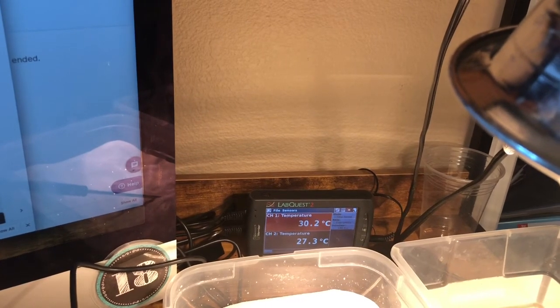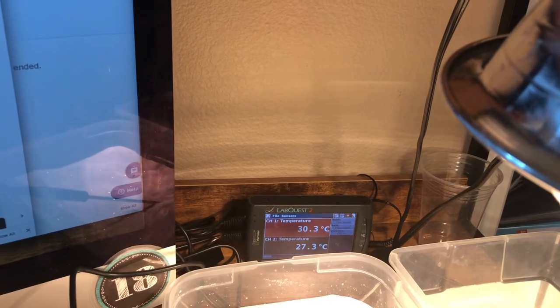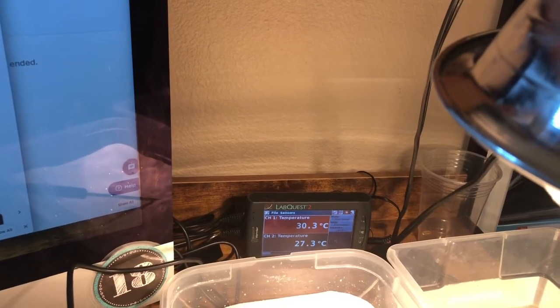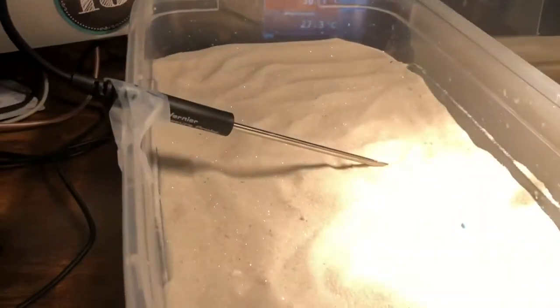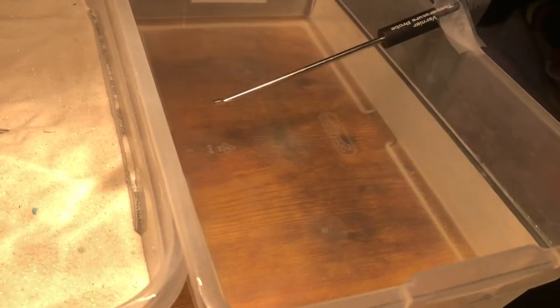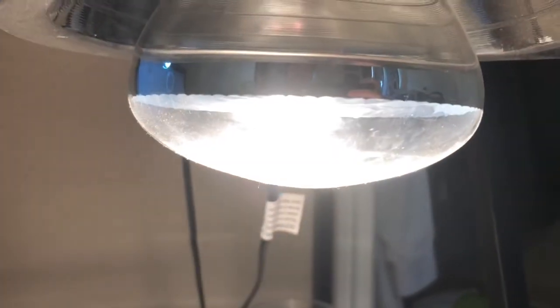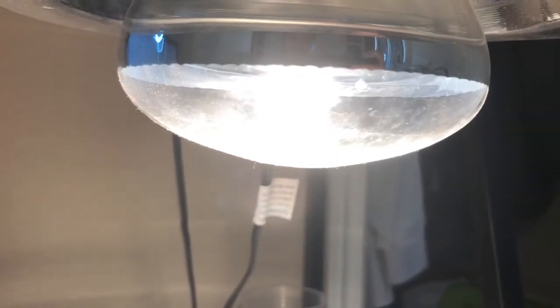As you watch this, consider, what do you think the components of this model represent? What do you think this tub of sand represents? What do you think this tub of water represents? What do you think the heat lamp represents?